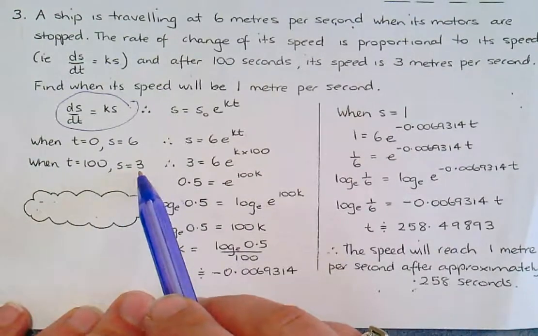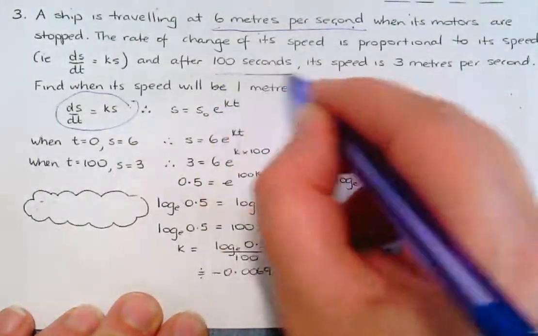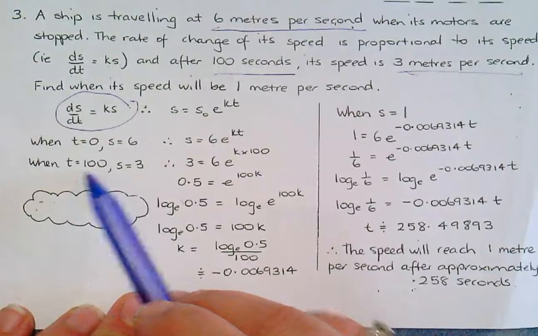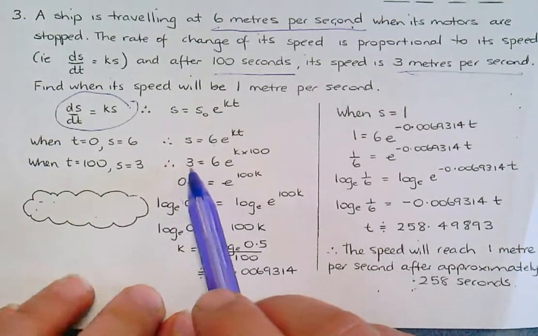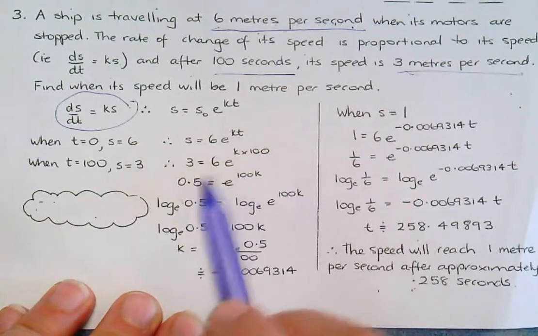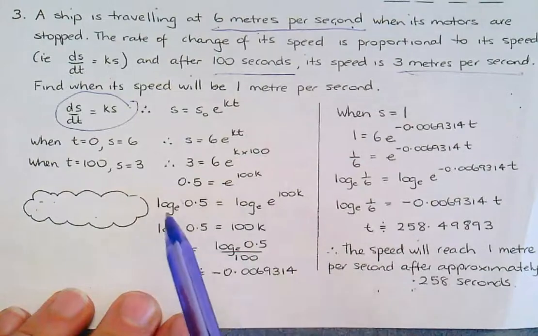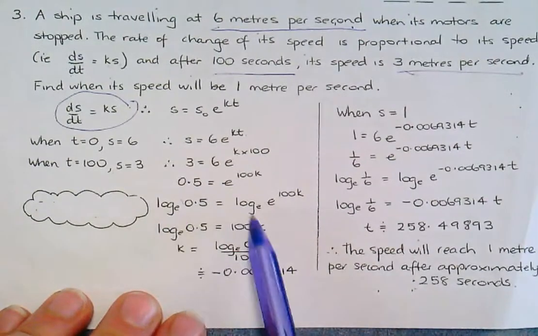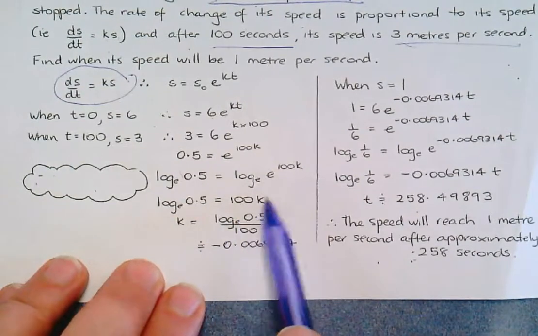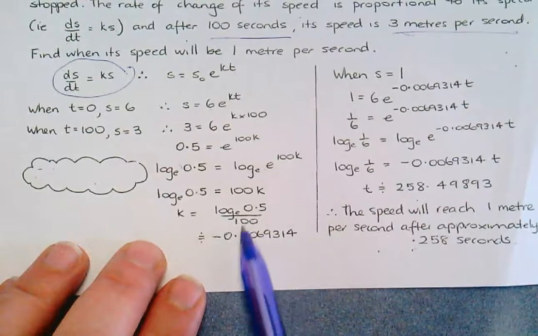Just making sure our units are correct: 6 metres per second, 100 seconds, it's all good. So when t is 100, s is 3. So 3 equals 6 e to the k times 100. 3 divided by 6 is a half, equals e to the 100k. Taking logs to the base e of both sides, ln 0.5 equals 100k. So k is ln 0.5 over 100.